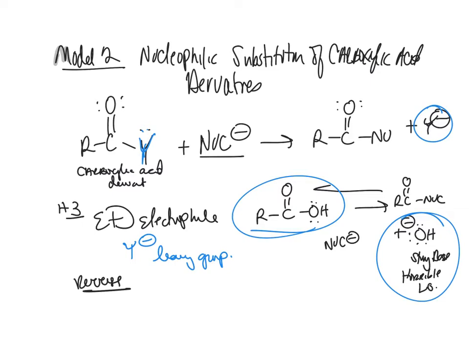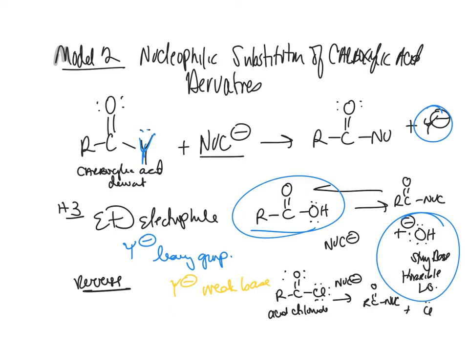So what if Y is a weak base? So let's take something like this, which is an acid chloride. And so when your nucleophile adds, you get the chloride, and the chloride is a weak base.